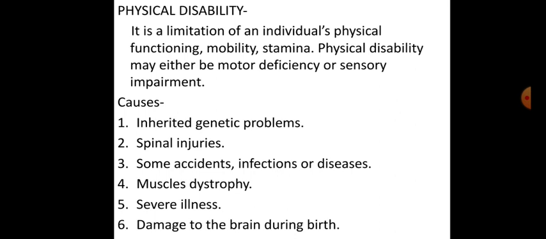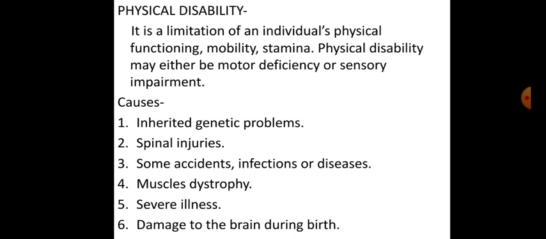Physical disability may either be motor deficiency or sensory impairment. Motor deficiency is related to the spinal cord, causing paralysis to some or all of the limbs, hands and legs.